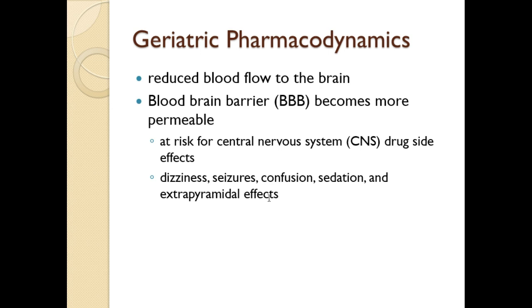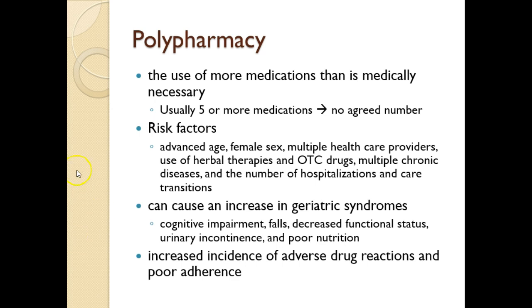The BBB, the blood-brain barrier, will become more permeable, which means that drugs could go into the central nervous system, and this could result in higher rates of CNS side effects, such as dizziness, seizures, confusion, sedation, and extrapyramidal effects. We'll talk about more of that when we get to your CNS drugs.